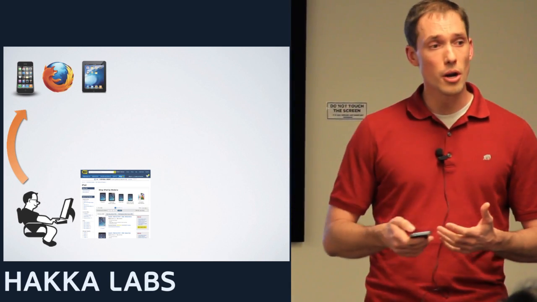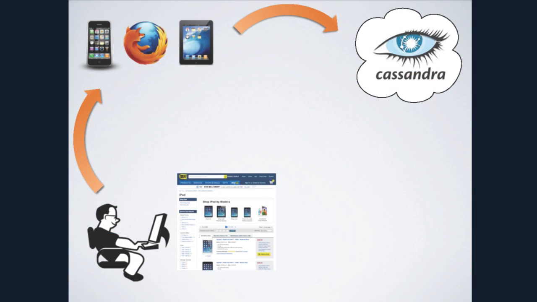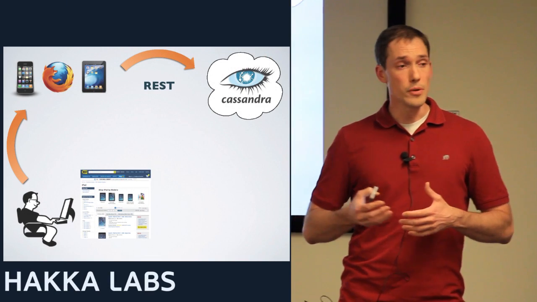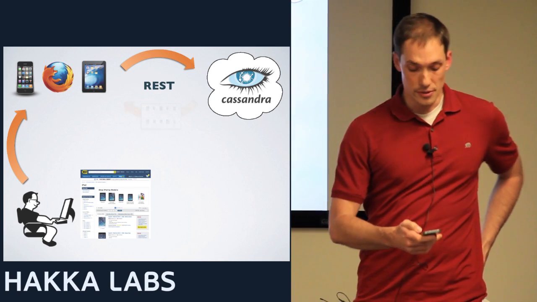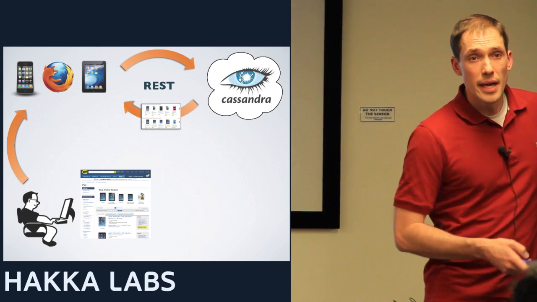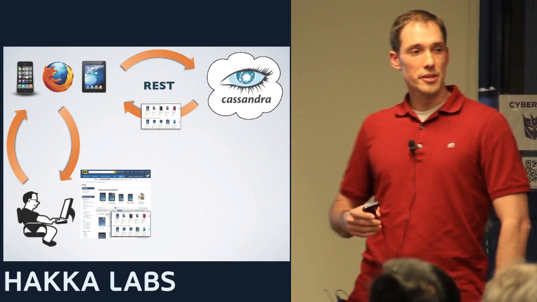When he does so, our big data application will talk to Cassandra over REST and say, give me whatever product recommendations our machine learning model has generated for this given user. Cassandra will send the data back over REST, and the application will then render these recommendations on the screen.